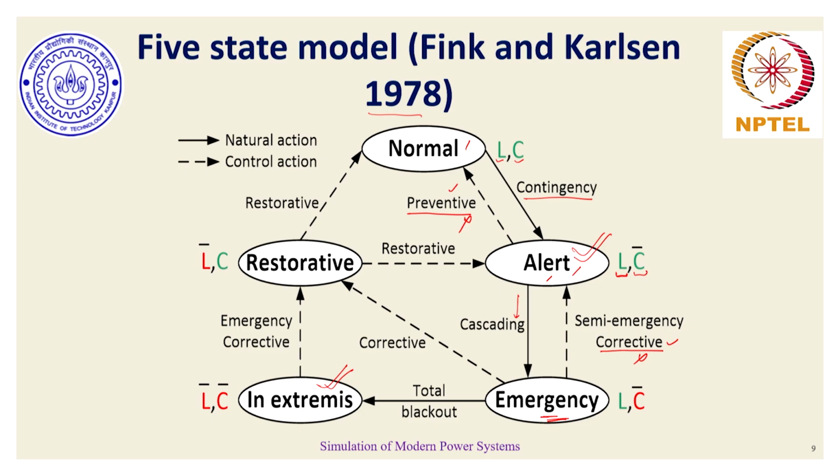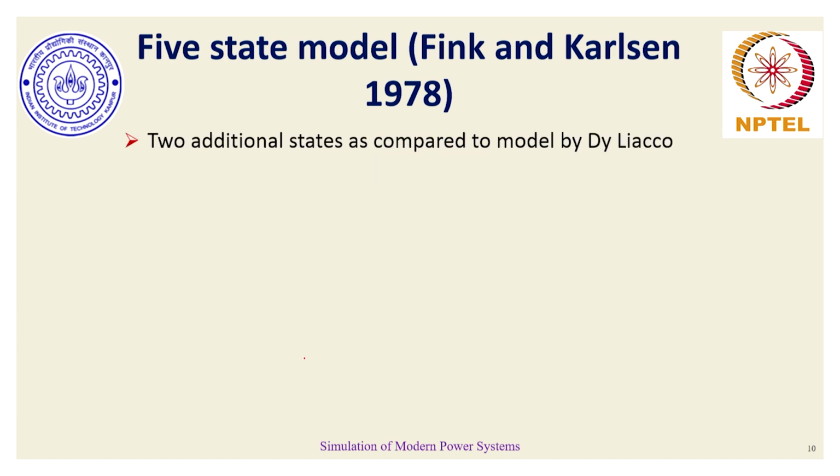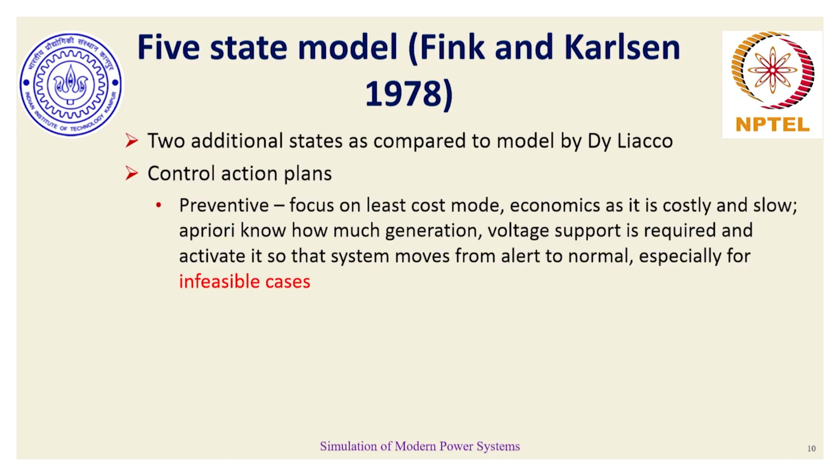So from there, you bring in emergency corrective action, which brings in the restorative mode, and from restorative mode, further actions need to be taken, that is, loads are restored so that the system goes back to the normal mode. Each of these terms, preventive, restorative, corrective, have their significances, which are explained in the corresponding discussion here.